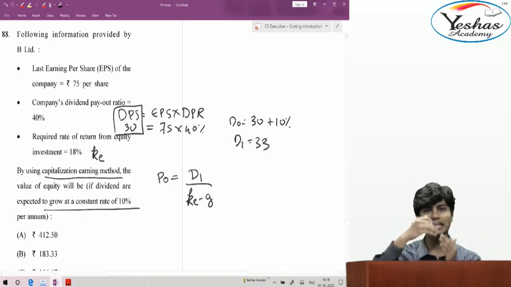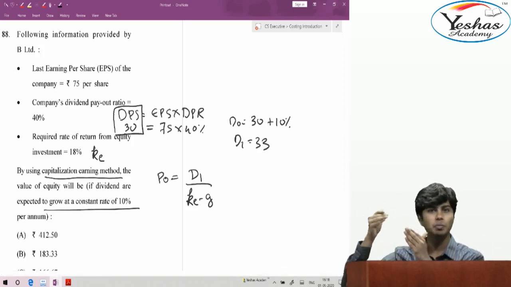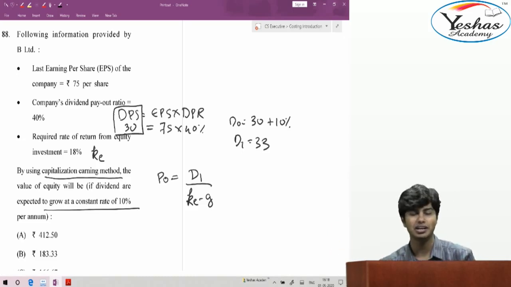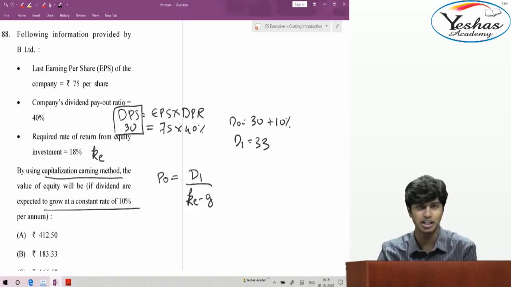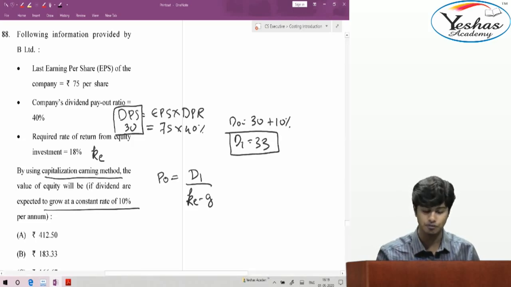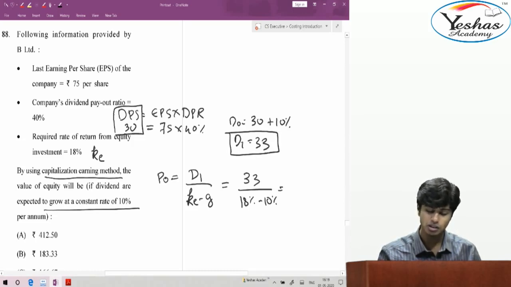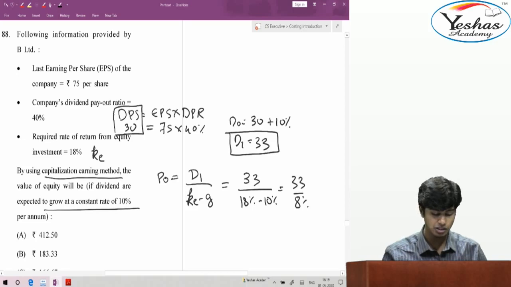That is retention multiplied by rate. G is equal to B into R. B is the amount retained and R is the rate of return on the retained amount. So that is 10%. So basically in the next year you are expecting a dividend of 33 rupees. Cost of equity is 18%, growth is 10%. 33 divided by 8% should give your share value.